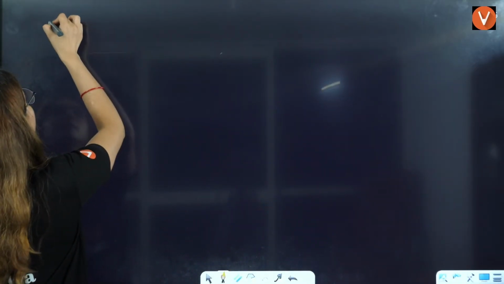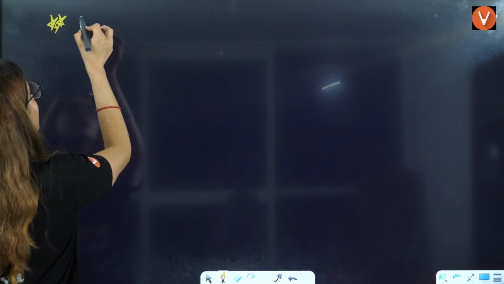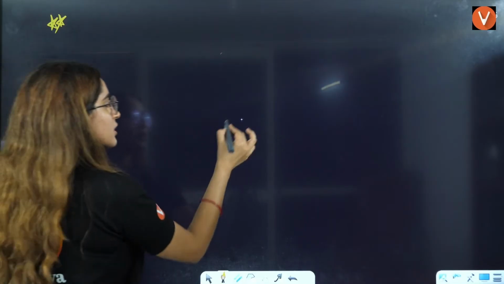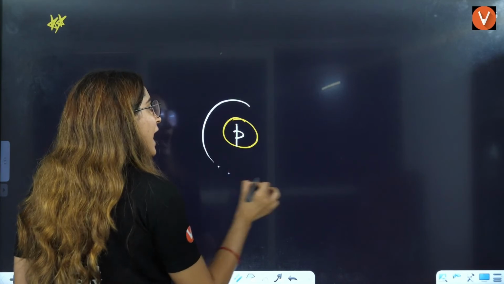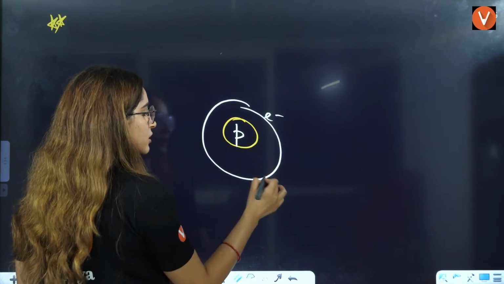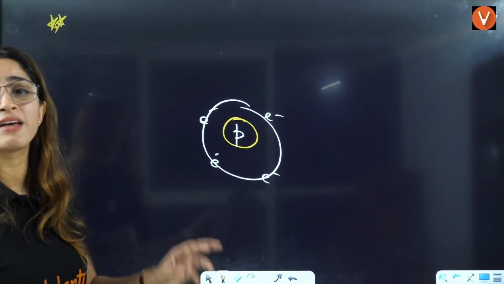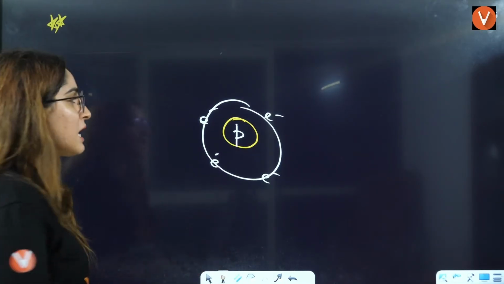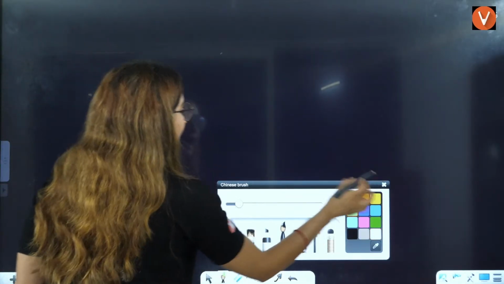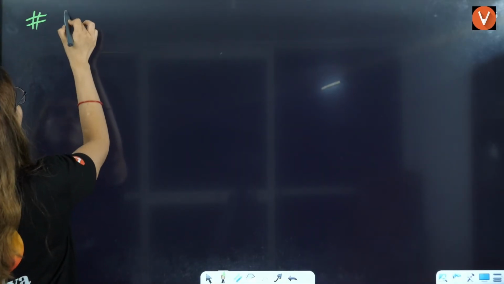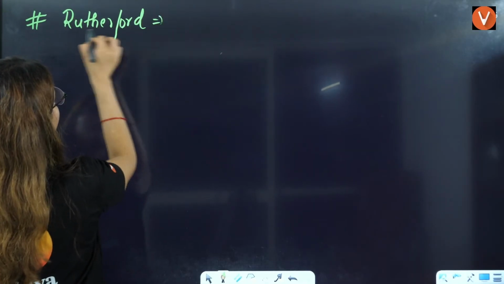He said that this is the nucleus, that inside the nucleus you have protons, and electrons are revolving around it. This was the Rutherford model. Now, what were the drawbacks of the Rutherford model? Why do we need the Bohr model now?